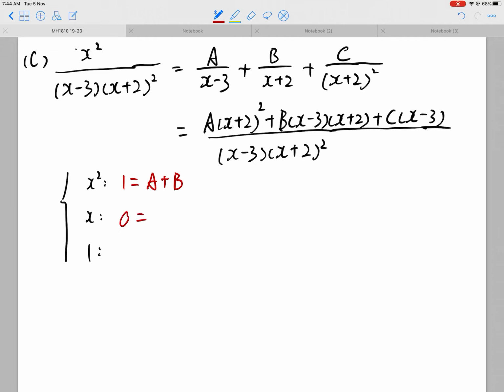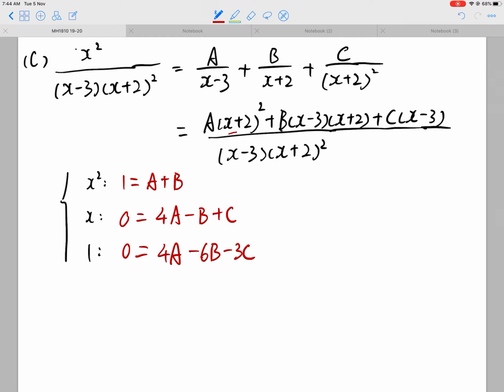On the right, here you have 4ax, here you have minus bx, and here you have cx. And the constant: the left doesn't have any constant. The right, here it's 4a, here it's negative 6b, here it's negative 3c.